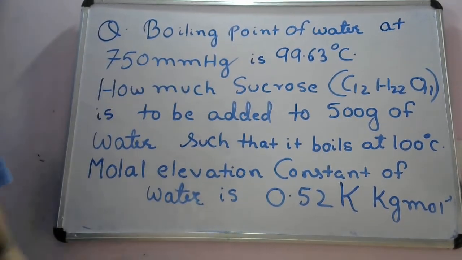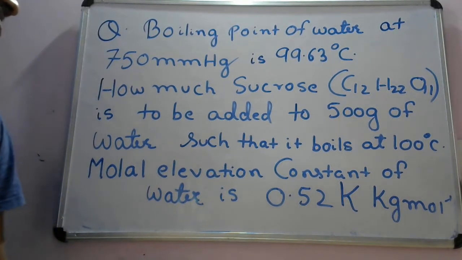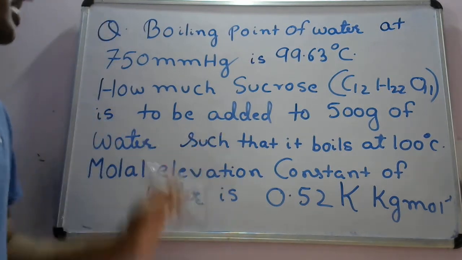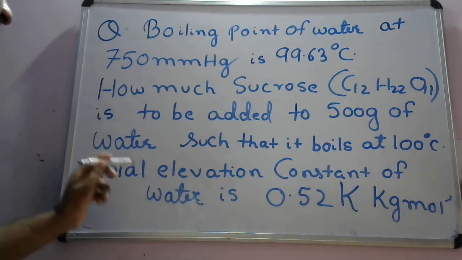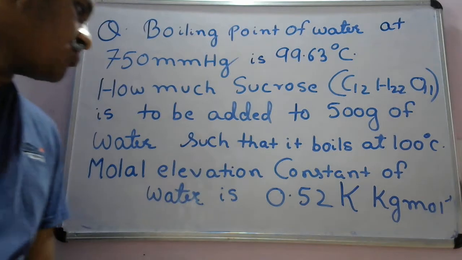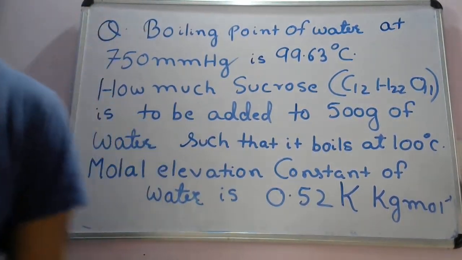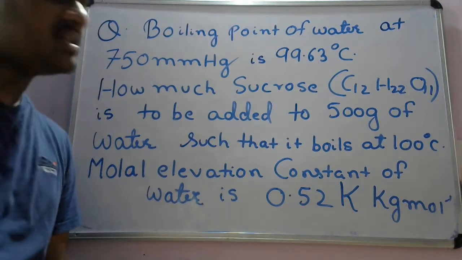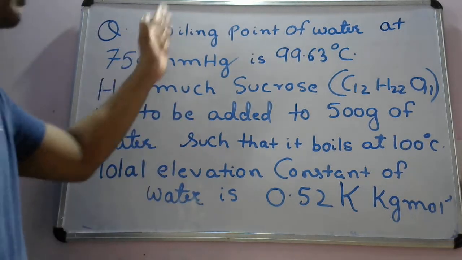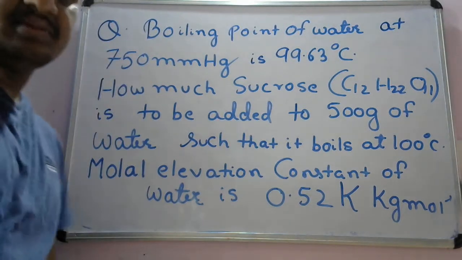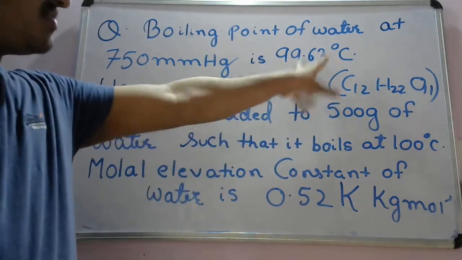The question is, how much sucrose is to be added to 500 grams of water such that it boils at 100 degrees Celsius, and the molar elevation constant of water is 0.52 Kelvin kg mole inverse. So here, the boiling point of pure water at this pressure, 750 millimeter Hg, is already given to us.